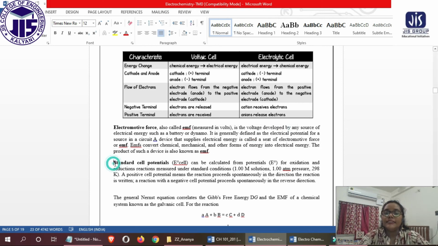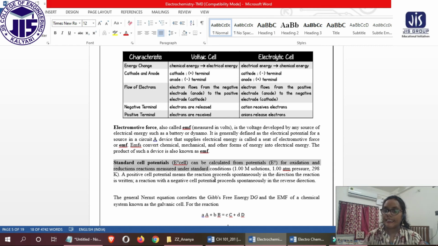Now, standard cell potential. What is the standard cell potential? Generally, E0 cell can be calculated from the potentials for the oxidation and reduction reactions measured under standard conditions. What are the standard conditions? The standard conditions are a 1 molar solution for the electrolytic solution, 1 atmosphere pressure and 298 Kelvin temperature.